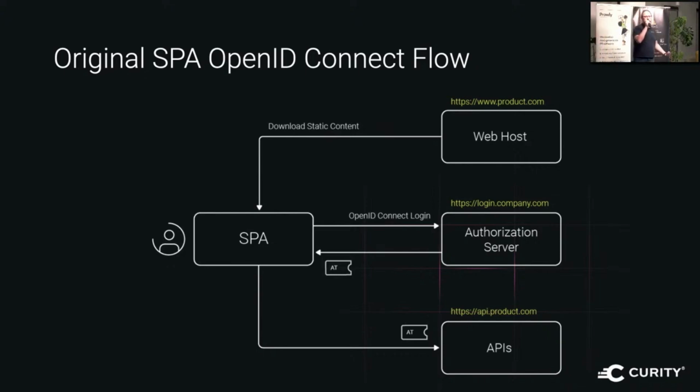Whenever the user needs to access some secure content, the SPA will redirect the user or open an iframe that will redirect the user to the authorization server, start the OIDC flow, and the authorization server will authenticate the user. Eventually, at the end of the flow, the SPA will get an access token, and then it can use the access token to call your APIs and get some data that belongs to the user.